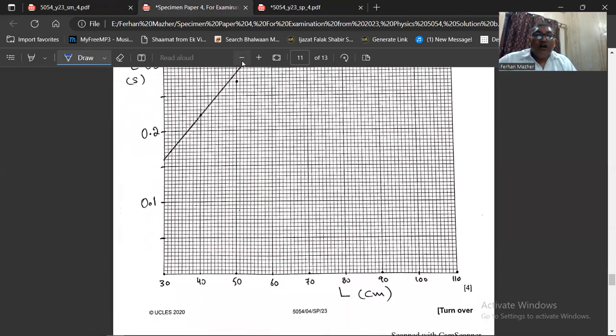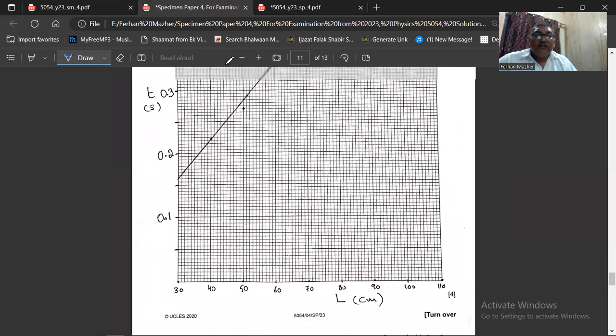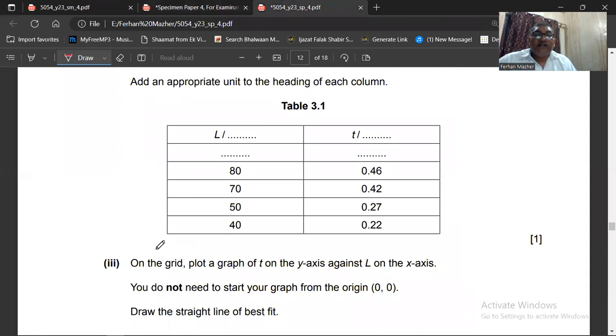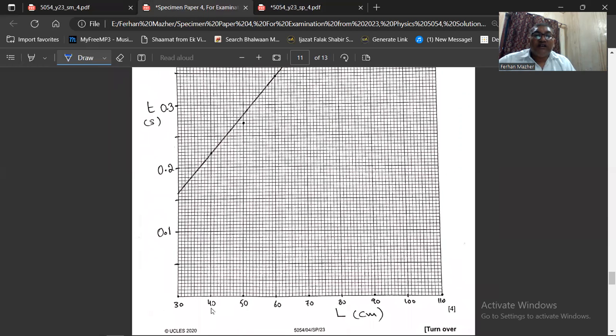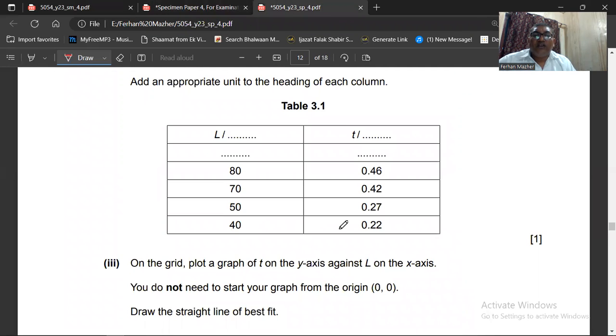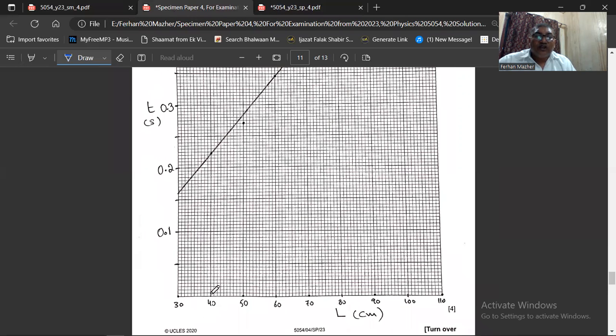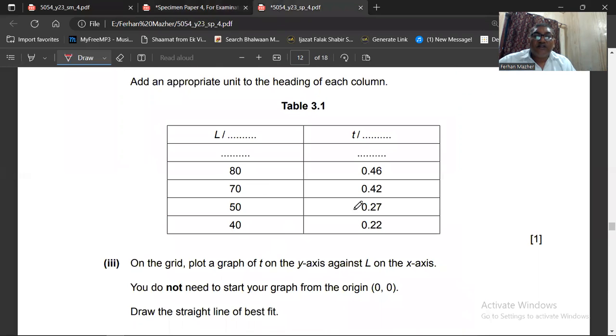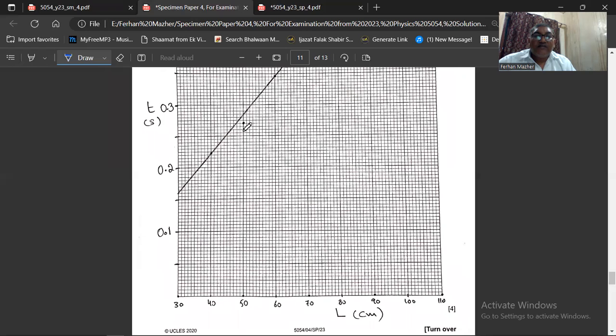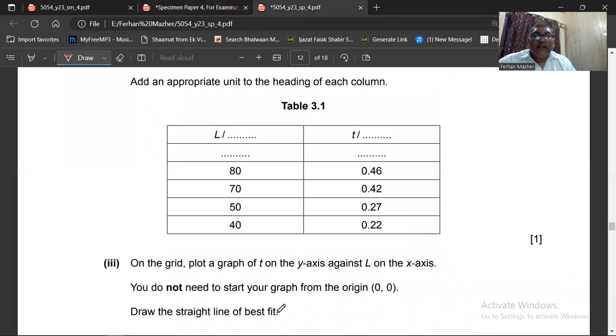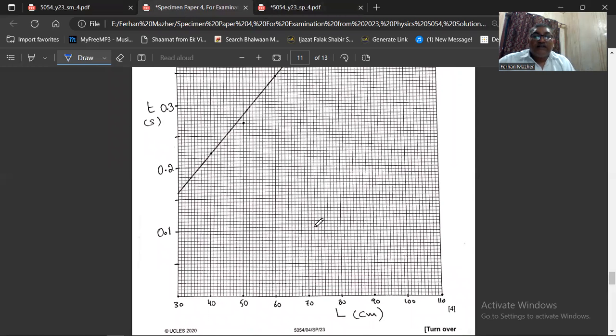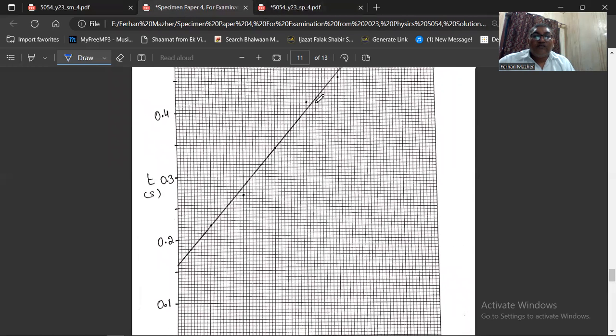So how will you plot the points? You see here we have the table. At 40, you have 0.22, so at 40, I put a dot here. At 50, it's 0.27. And at 70, you have 0.42.